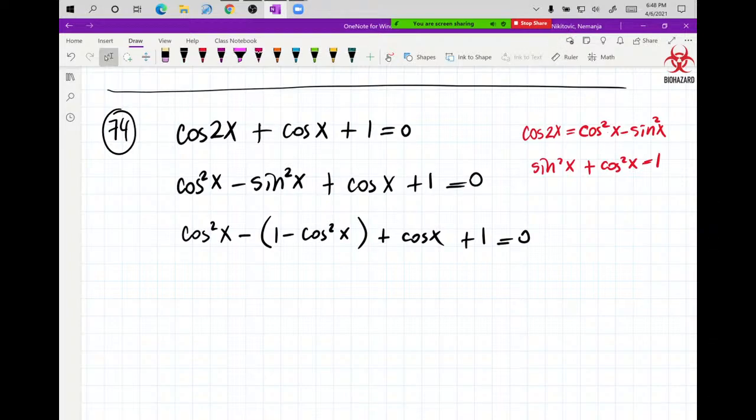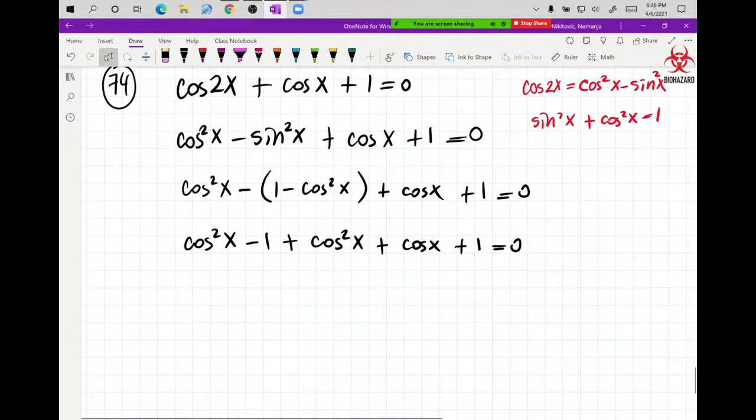I have cosine squared x minus 1 plus cosine squared x plus cosine x plus 1 equal to 0. Cosine squared plus cosine squared is 2 cosine squared x plus 1 cosine x, and then these guys cancel.